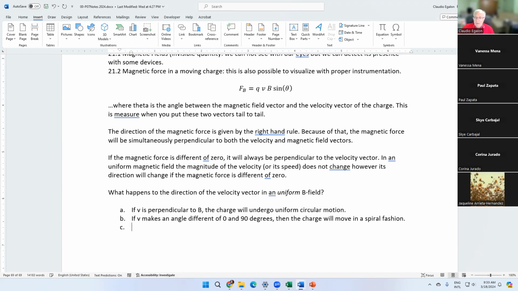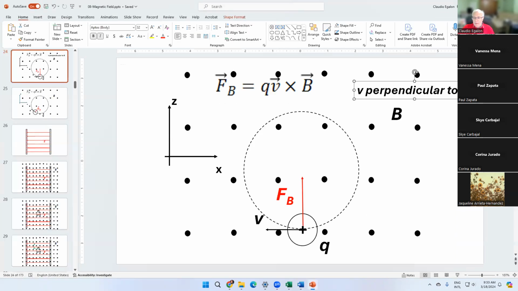What's going to happen is very easy to visualize.